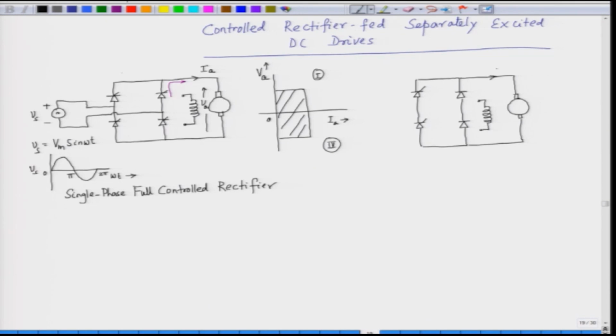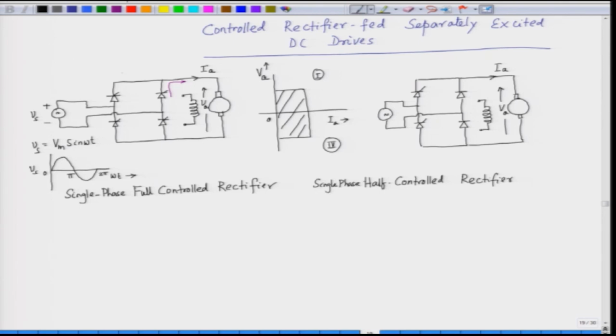The current here is IA, average current. The average voltage here is VA. The input is again an AC supply. So, this is called a half controlled rectifier, and since we are talking about single phase, this is called a single phase half controlled rectifier.